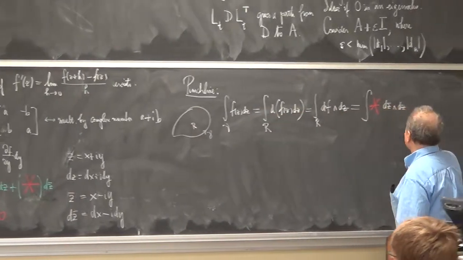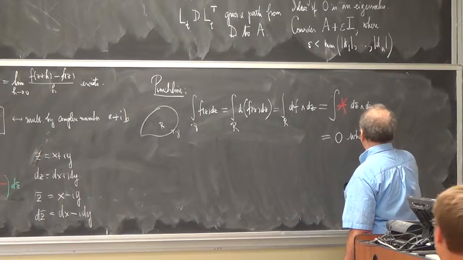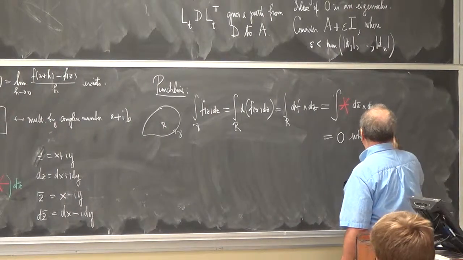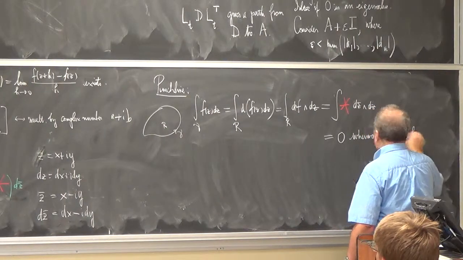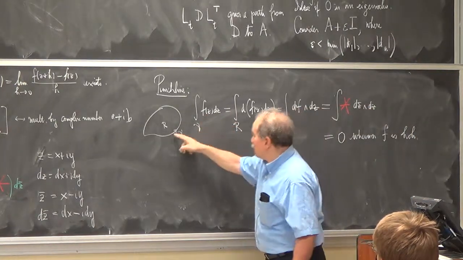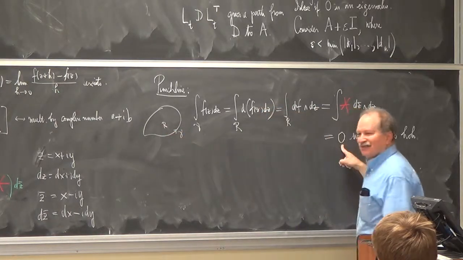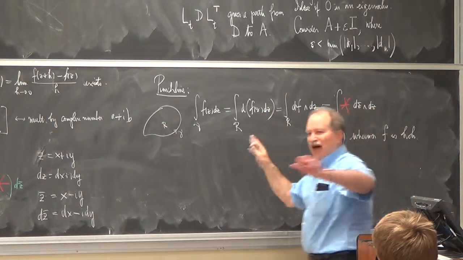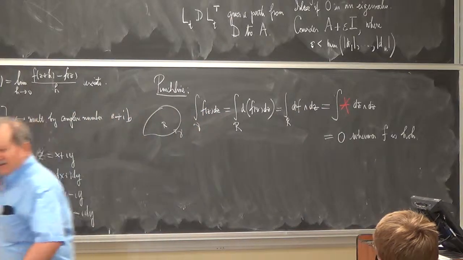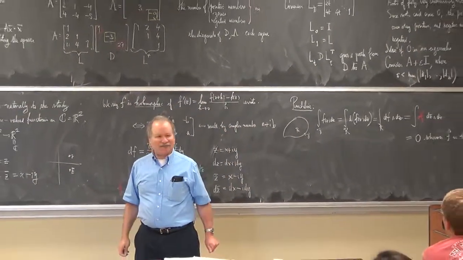Yeah. So this is 0 whenever, and in fact, if and only if, f is holomorphic. So the integral, when you start with a holomorphic function, a nice complex differentiable function, integrated dz around any closed path that bounds a region, it has to be 0. This leads to all sorts of fabulous stuff. Okay. And of course, we're done.